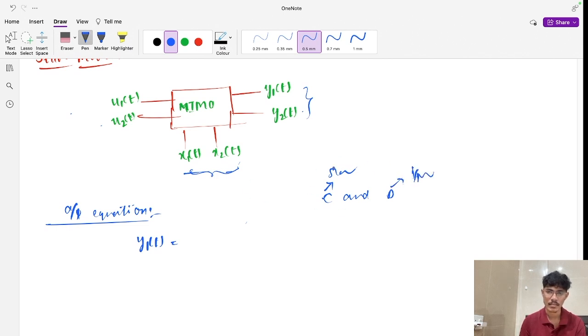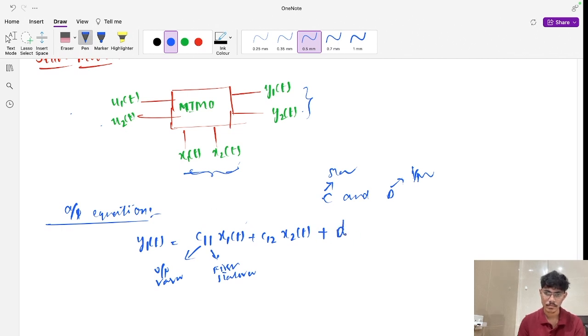Now we can write the equation: y1 of t equals c11 x1 of t plus c12 x2 of t plus d11 u1 of t plus d12 u2 of t.